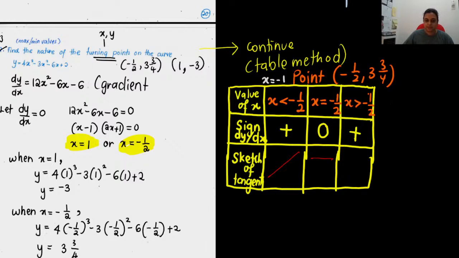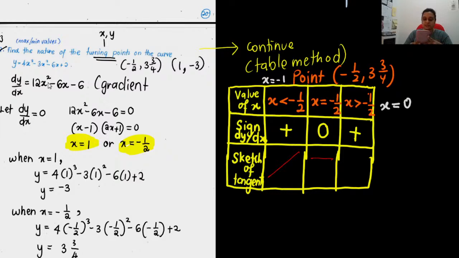Let's choose one value bigger than negative 1 over 2. Bigger than negative 1 over 2 means maybe we can go for 0. Just go slightly above. Don't go too much until 2, 3, 4 like that. Just go slightly above.